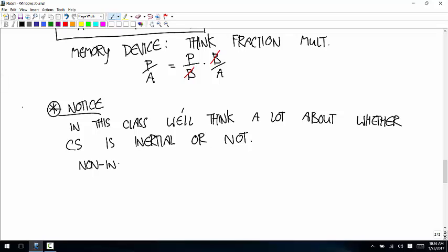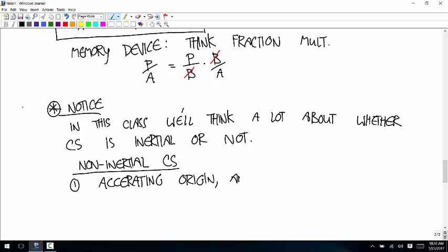So, non-inertial coordinate systems have either an accelerating origin. So imagine if you picture a coordinate system as a video camera, imagine taking measurements with a camera that's accelerating. And or the coordinate axes rotating.